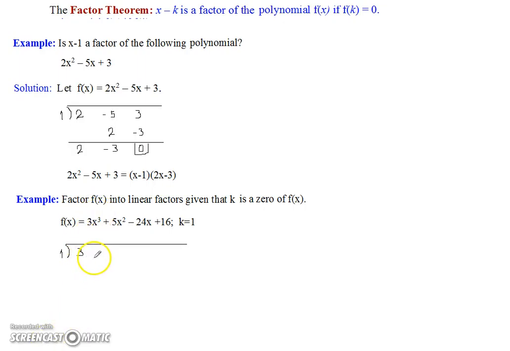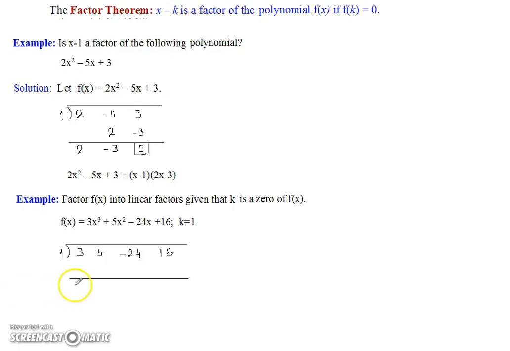Bring down the coefficients of the given polynomial: 3 for the third degree power, then 5 for the second degree power, negative 24 the coefficient of the first degree power, and finally the 0 degree power has coefficient 16. There are no missing terms here.